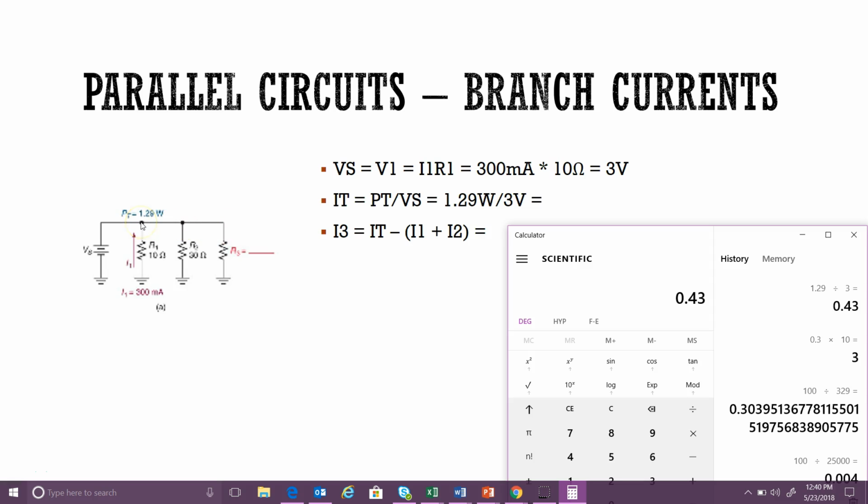So if we know the current through this branch and we know the resistance of that branch, we can solve for the voltage. So our voltage is 3 volts. We can then solve for our total current because we have the total power. Total power divided by voltage will give us the total current, which in this case is 0.43, so 430 milliamps.